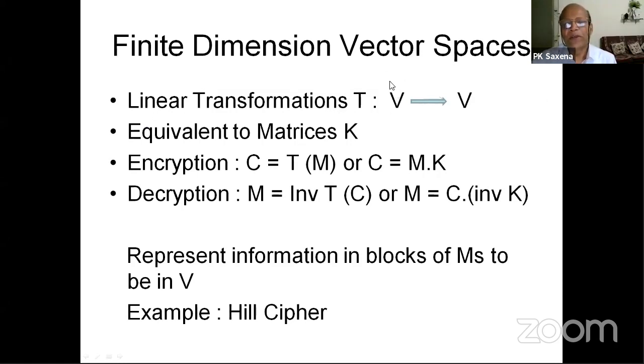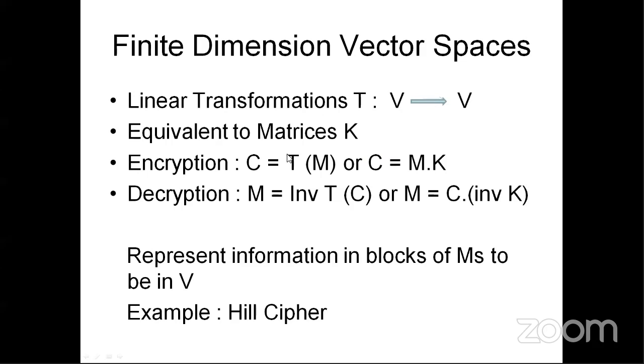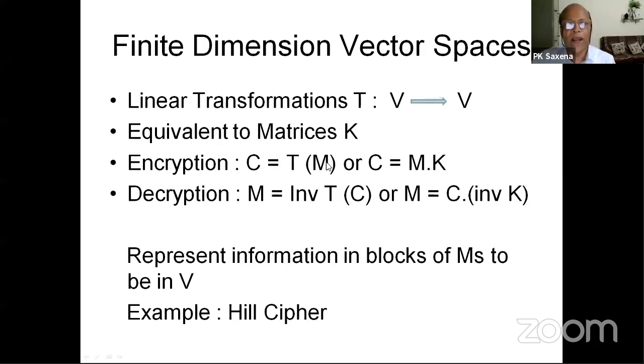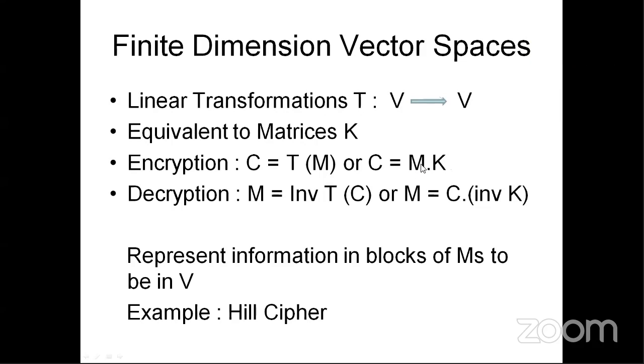The message is treated as an element of some vector space, and some linear transform is used from this vector space V to another, so that C becomes the transform of M, and that will again be a vector. One such operation is M into K.